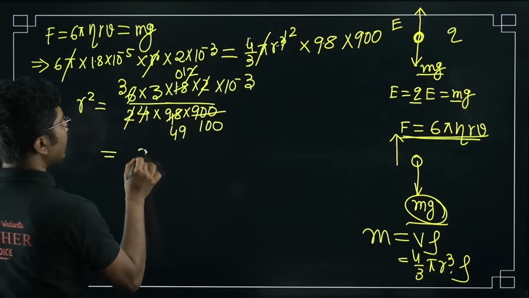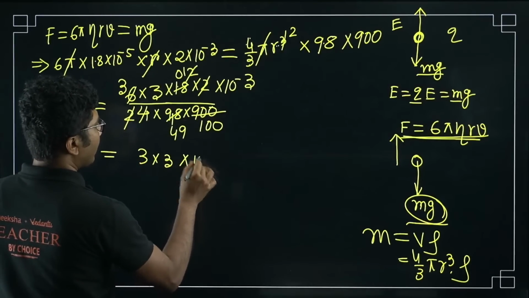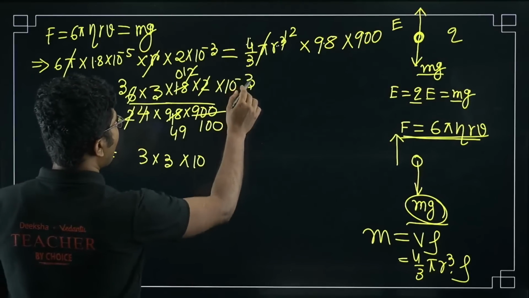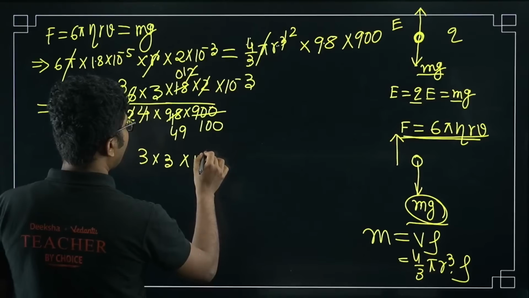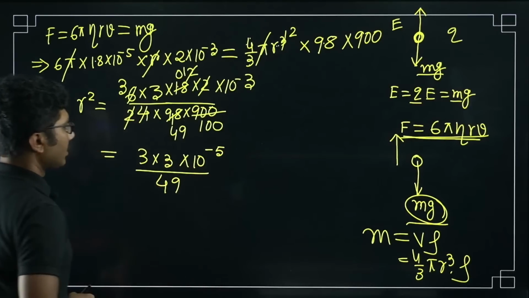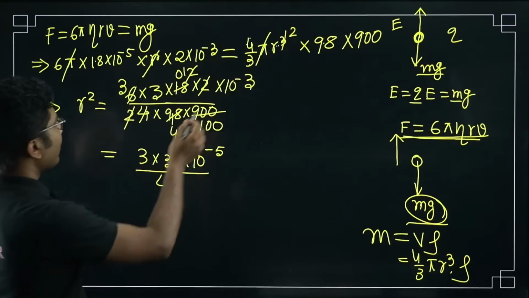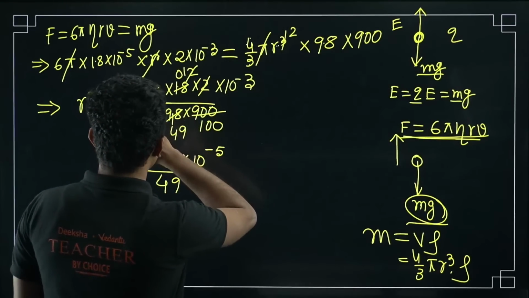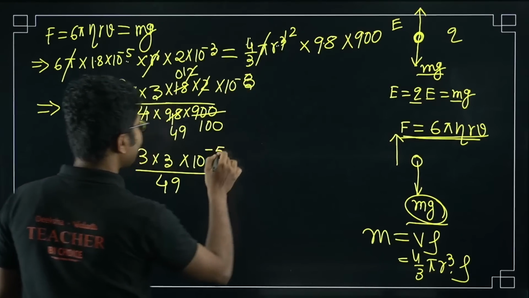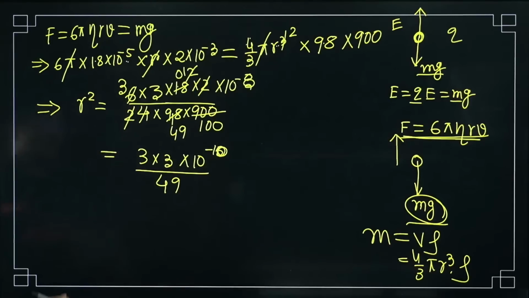So it will be 3 into 3 into 10 to the power of minus 5 divided by 49. Now there is only one problem in this 10 to the power of minus 5. There is one more 10 to the power of minus 5 that was here. So it will be minus 8, and it will be 10 to the power of 10. Okay, correct. So this is how you can calculate it.